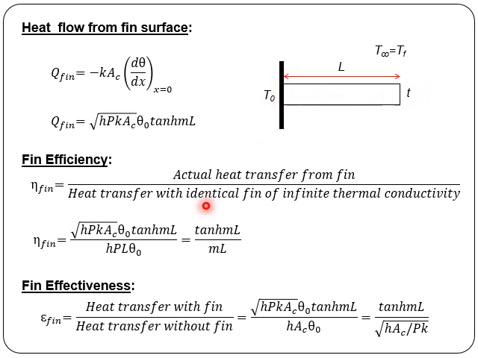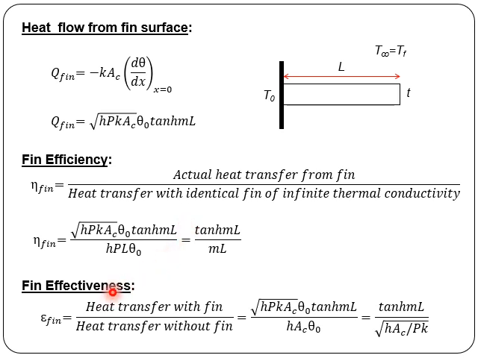Your delta T in that case is theta 0, which is T0 minus T infinity, and the area is perimeter into length, so that is the total area which is available for heat exchange, into the heat transfer coefficient. If you simplify this, then fin efficiency becomes tan hyperbolic of ml by ml.